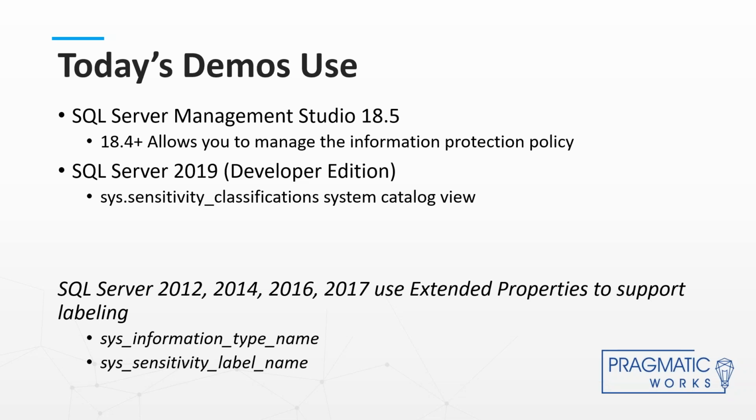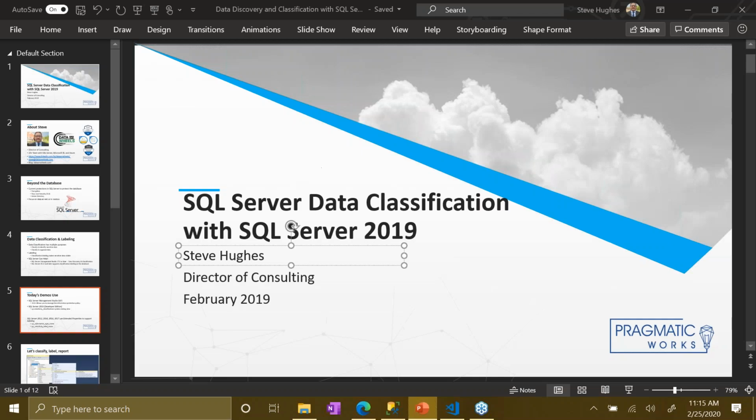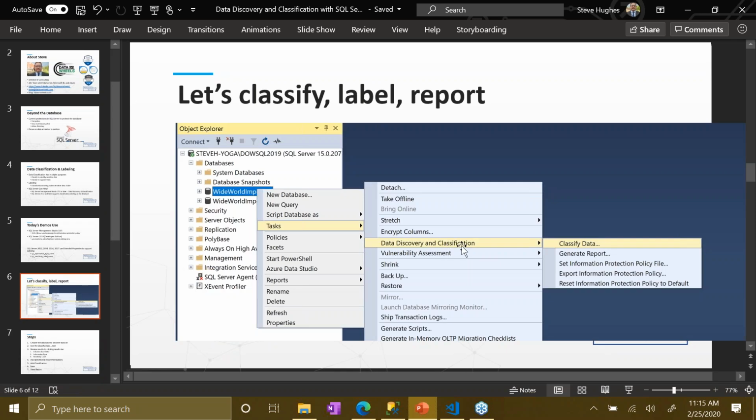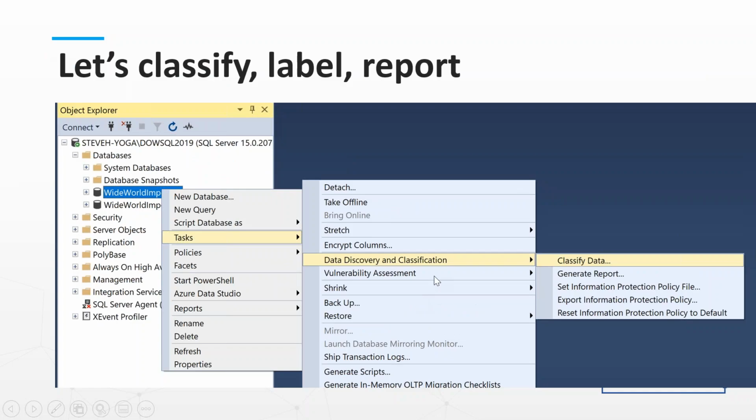This tells you what to look for in your product line to figure out where you can find your information protection policies, and particularly the type and label we're talking about. I've got one more slide to show you, and then we get to have some fun. Let me go ahead and get this full size for you.